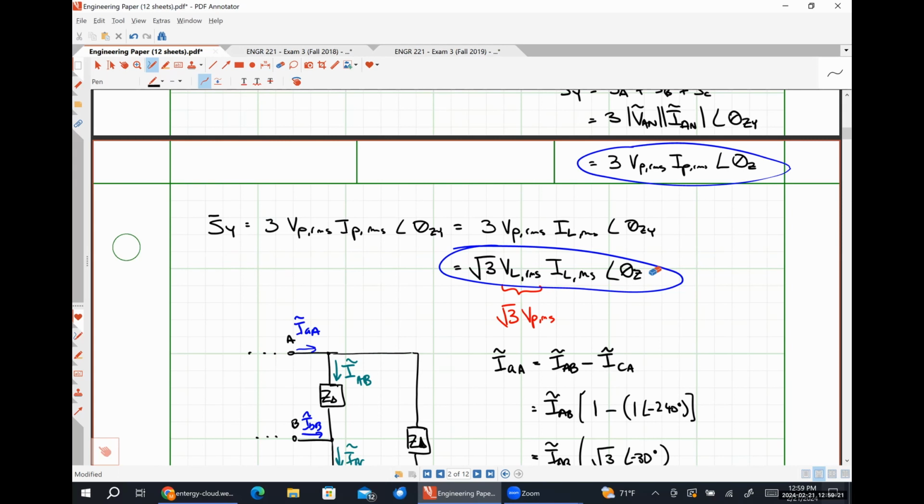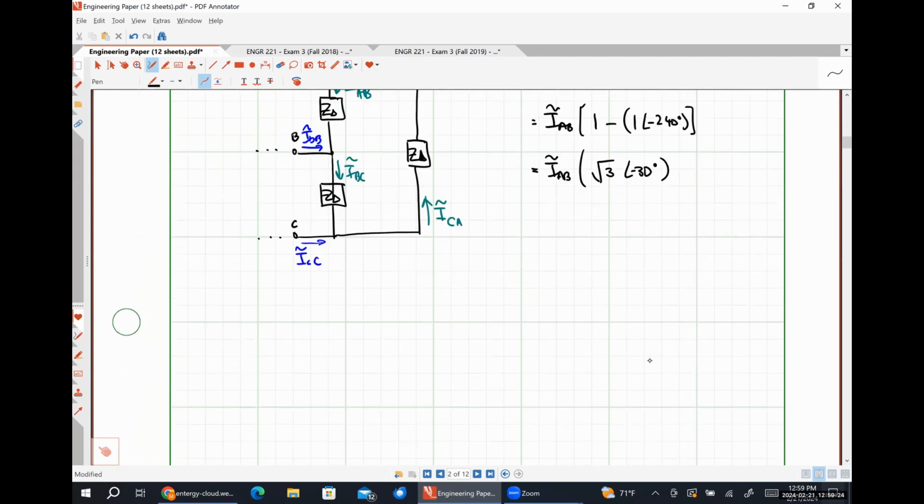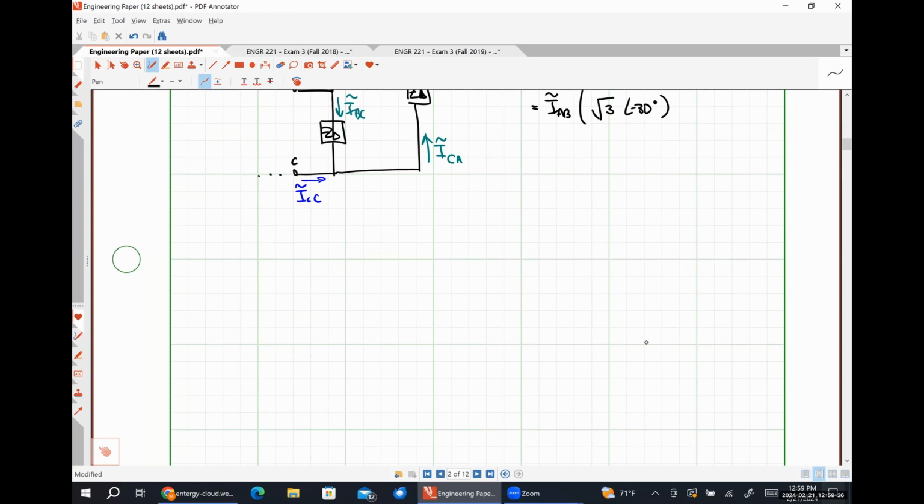Now we can break things down and look at our average power, right? So let me write things out here. So S in general can be expressed in terms of our phase quantities as 3 VP IP angle theta z.